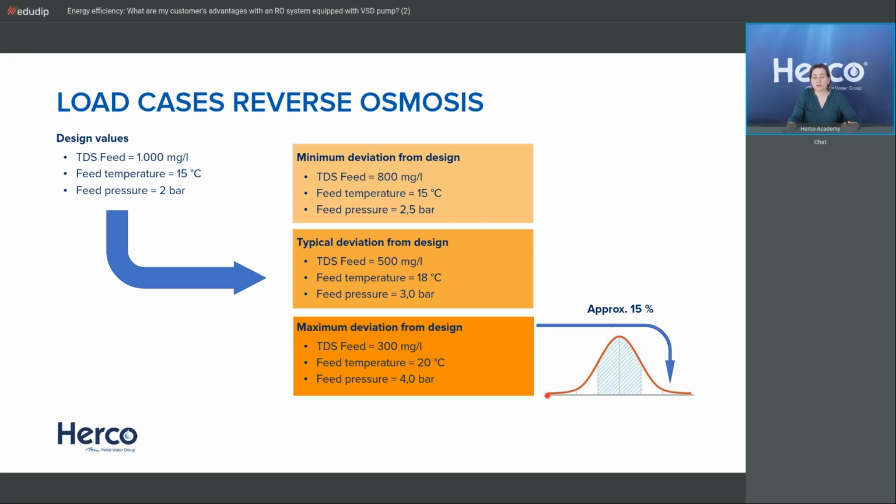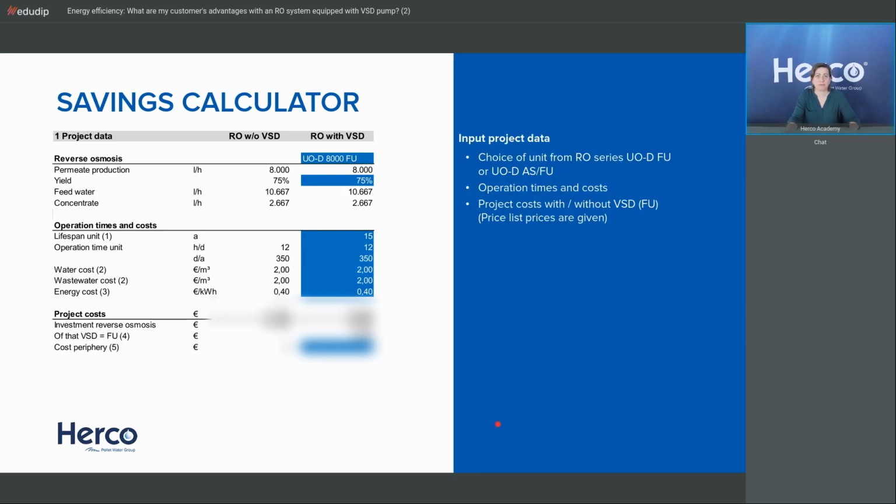In that case, it's also good to have a variable speed drive because you can adjust the pressure. But it's something that we will not look at right now. And with a lower feed pressure than 2 bar, obviously that's not going to work. So we can always go in one direction: with the TDS down, with the temperature up, and with the feed pressure up. And this is also what you see in reality normally.